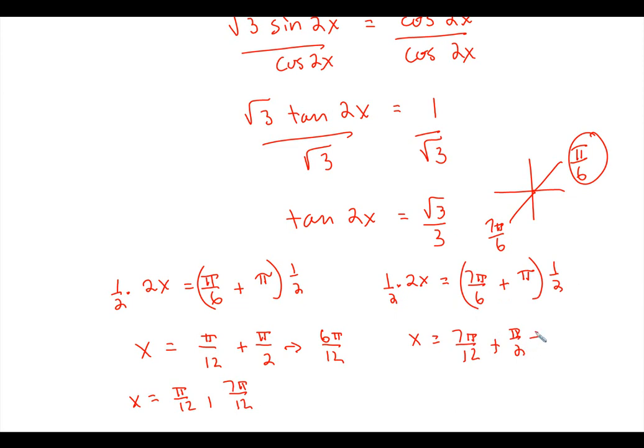Same thing, pi over 2 is the same thing as 6 pi over 12. If I add 6 pi over 12 to 7 pi over 12, that's going to give me 13 pi over 12, but that's over our interval. So we're not really going to get any more solutions from this. So we know that our two solutions in the interval are pi over 12 and 7 pi over 12.